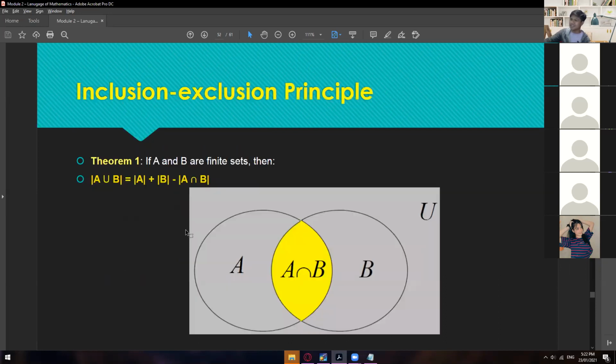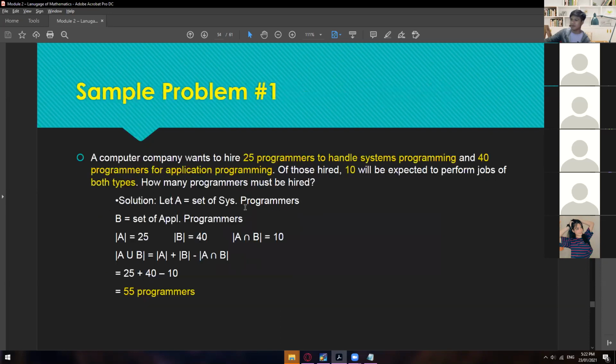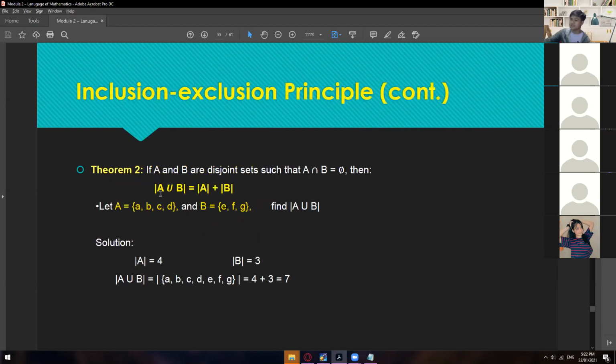Again, the essence of theorem number 1 here is to get the total distinct elements of both sets, which is now applied to sample problem number 1. All right, so let's proceed to theorem number 2, which is: if A and B are disjoint sets such that A intersection B is equal to null, then you can now use this theorem.